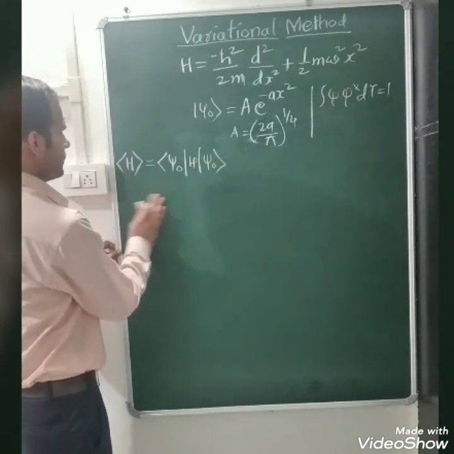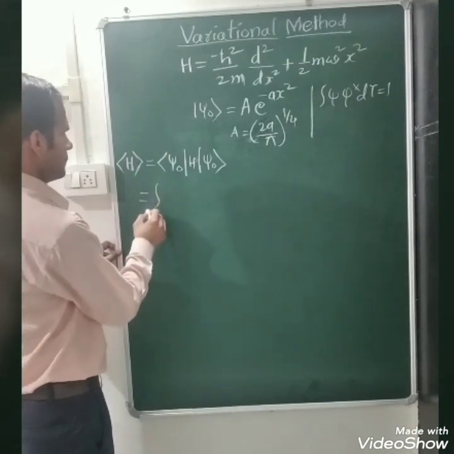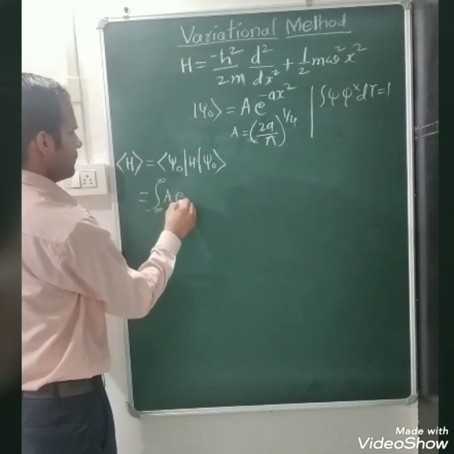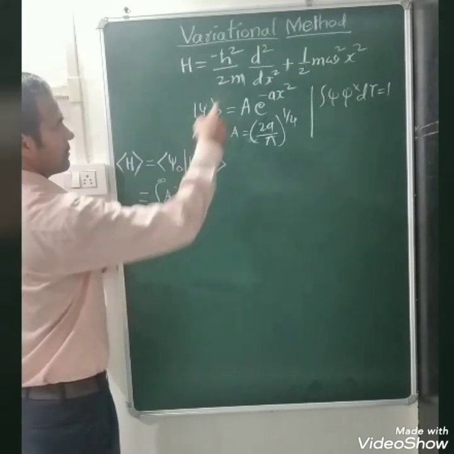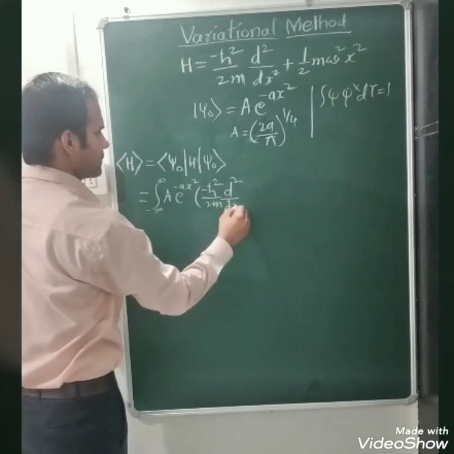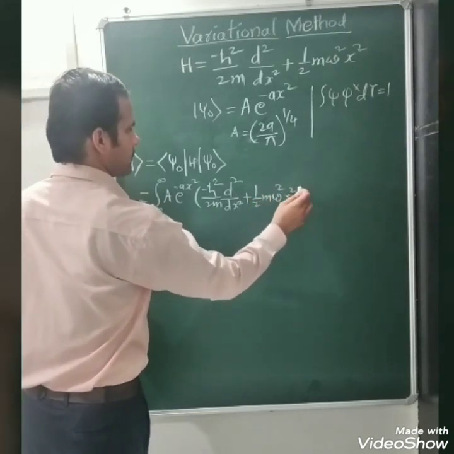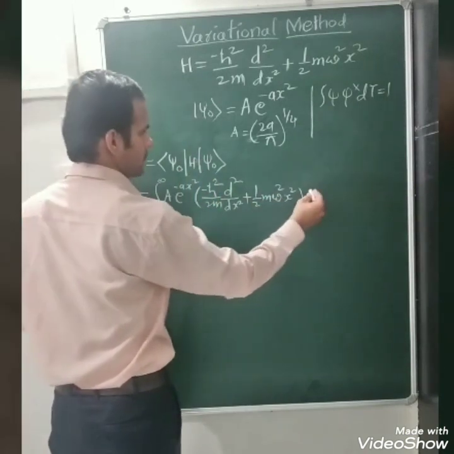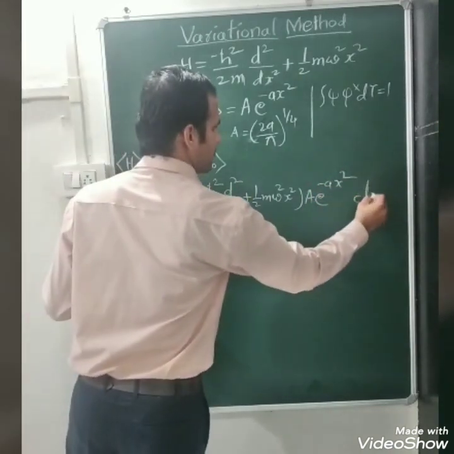Again we can write it as the integration from minus infinity to plus infinity of A e raised to minus a x square, into H which is minus h cross square by twice m d2 by dx square plus half m omega square x square, into A e raised to minus a x square dx.